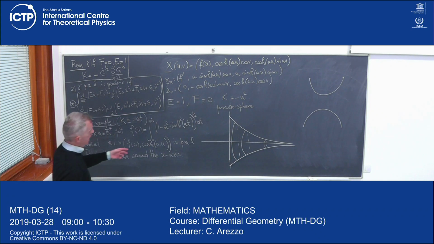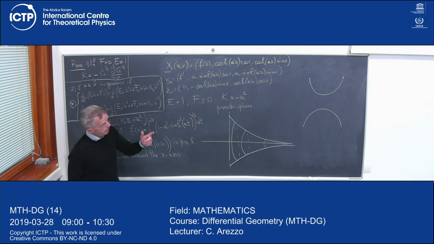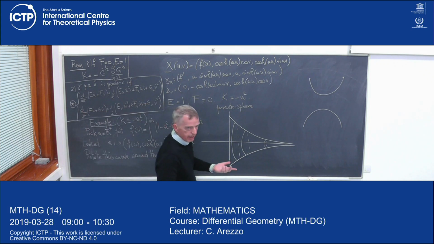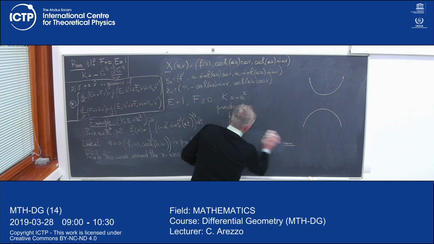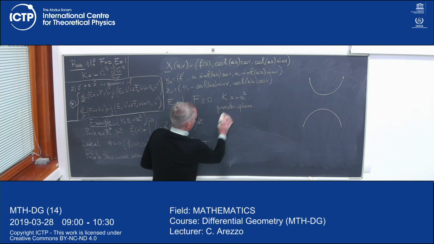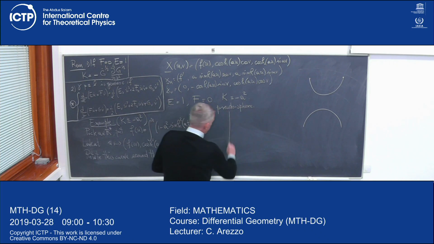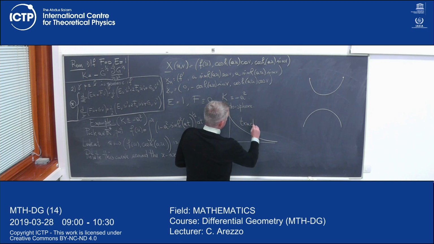The little miracle here is always that if you find an important curve, you rotate it and you get an important surface. Of course, it's a meta theorem. But the curve that we are rotating, of this shape, is called the tractrix.